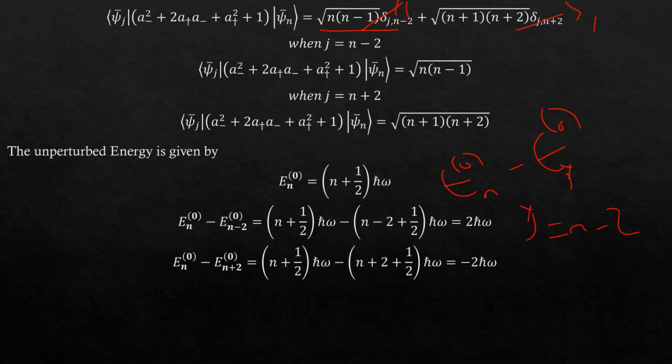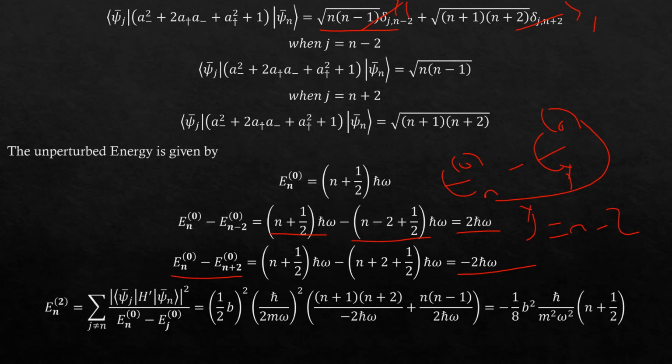When j is equal to n minus 2, we are going to have En naught minus Ej naught to be, so this is our En naught, this is our Ej naught, and j is equal to n minus 2. So we are going to finally have 2 h bar omega. If we do the same thing here, we are going to have negative 2 h bar omega.